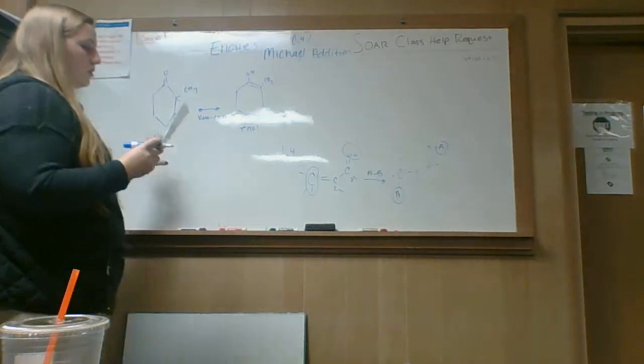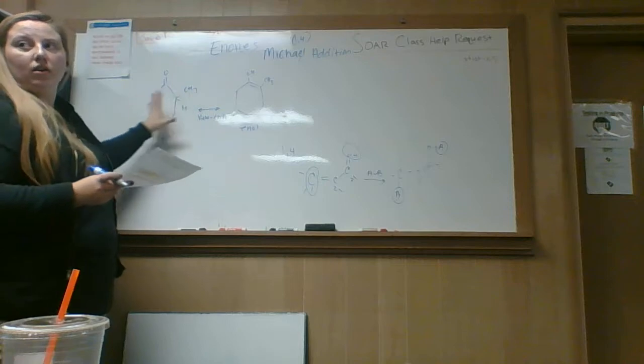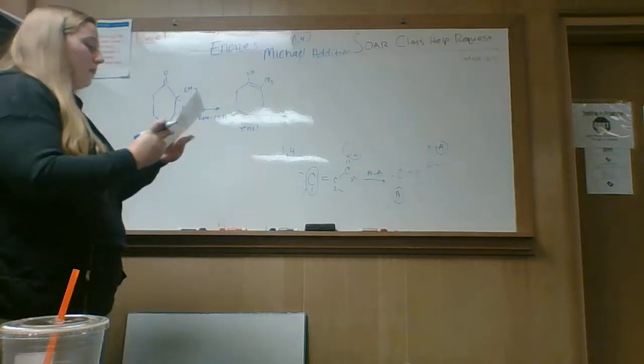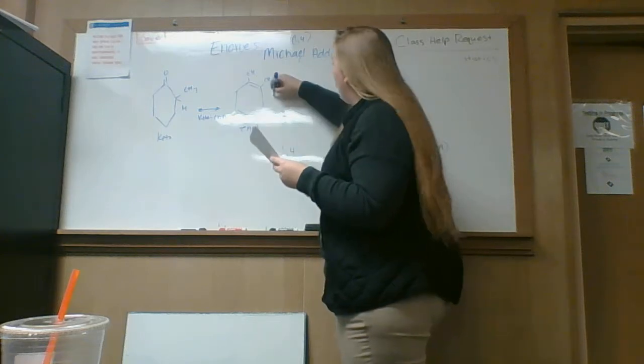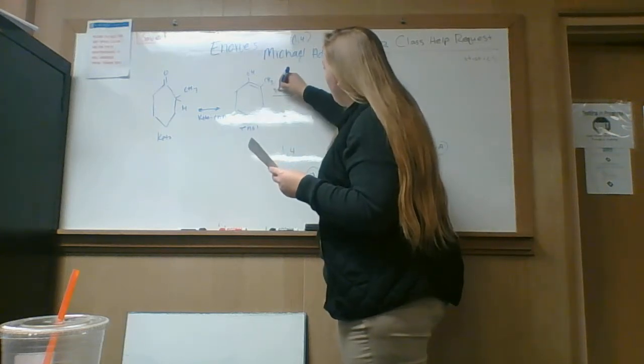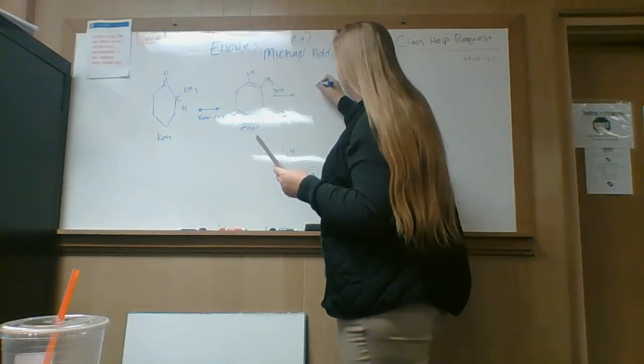So essentially, we're starting with an aldehyde or a ketone. Again, remembering that they can go between the ketone and enol form. When we put these in a base, what forms? Enolate. Enolate, very good.